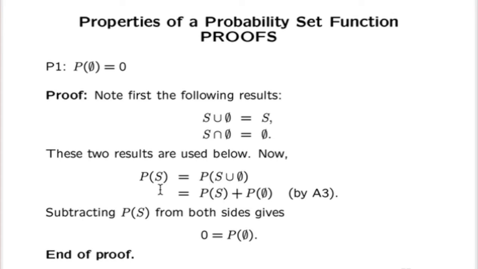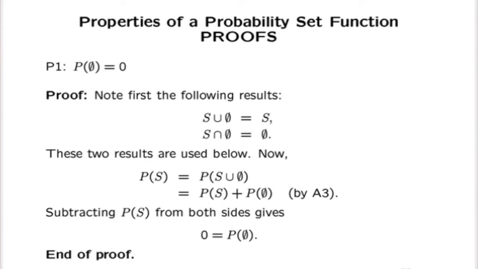So note first that we can rewrite the probability of S, the probability of the sample space, as being equal to the probability of the sample space union the empty set, because S is equal to S union the empty set.